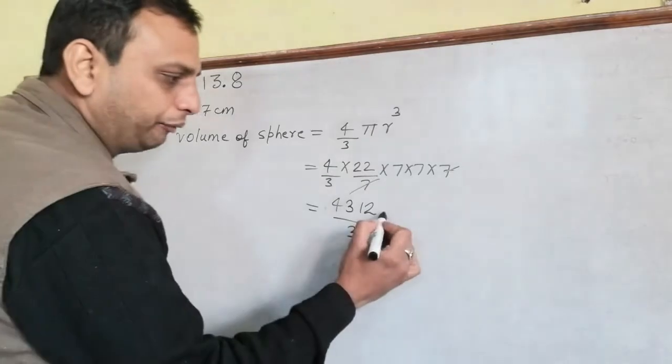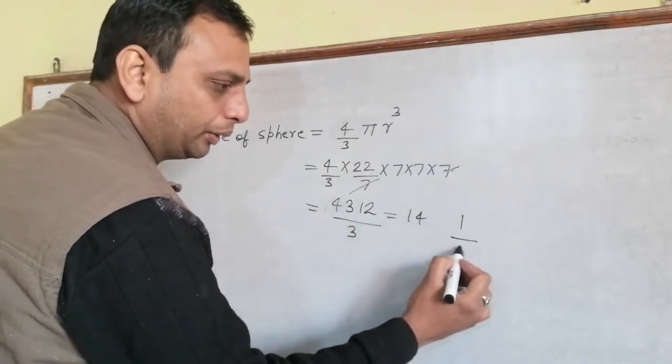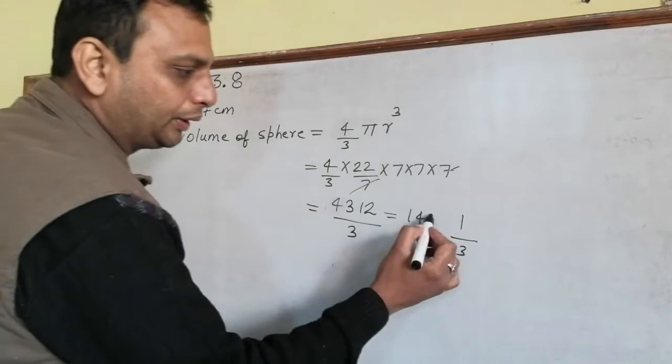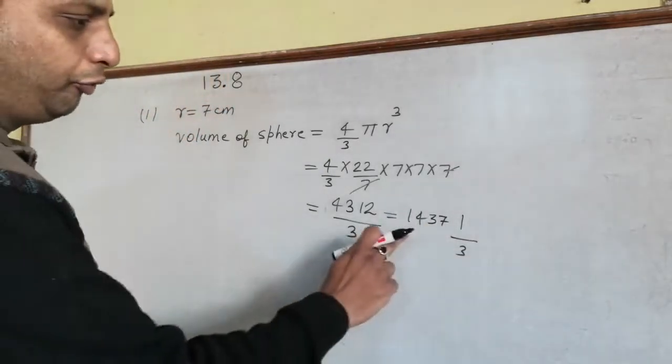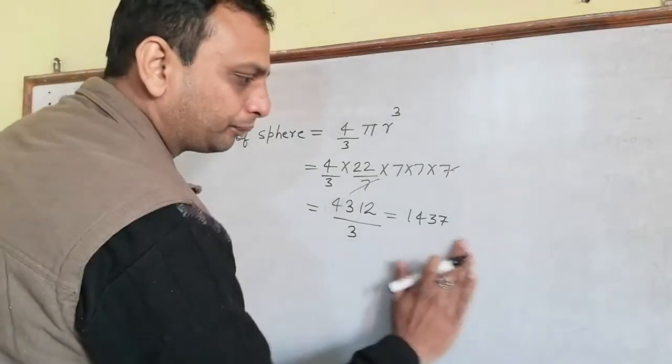If you want to write it as a mixed fraction, it will be 1437 and 1 upon 3 centimeter cube.